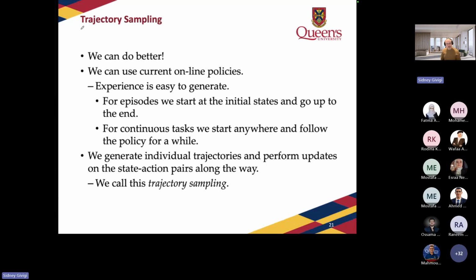So we start at one point, and then we follow it for a while. Either we say that we follow it for, as I mentioned, 100 time steps, or we say, well, follow this all the way to the end, right? But this is done based on experience that you generate.